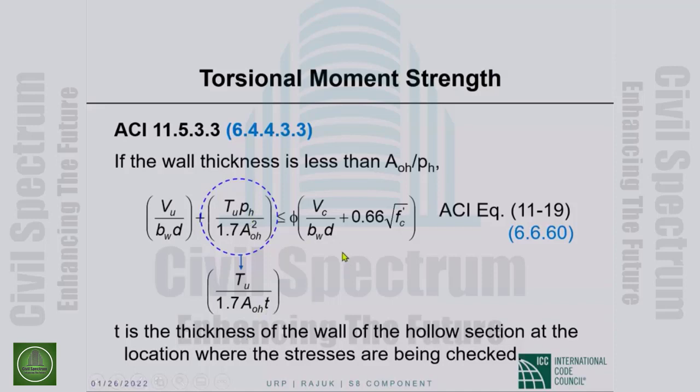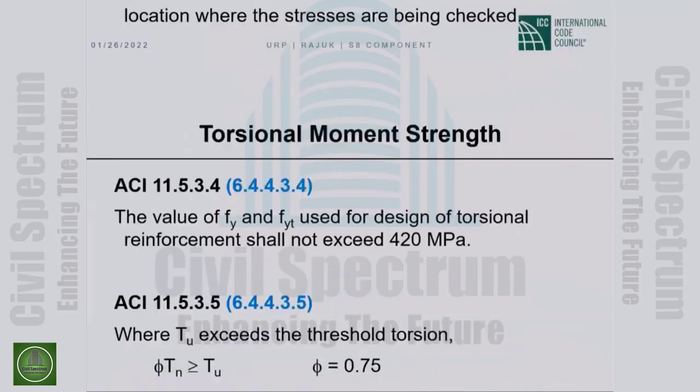That's what we have done. A sub 0 h divided by P sub h is taken equal to wall thickness if it actually is less than the wall thickness. That's all we are saying. This is again a detail.